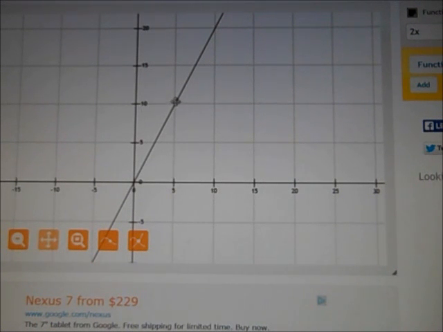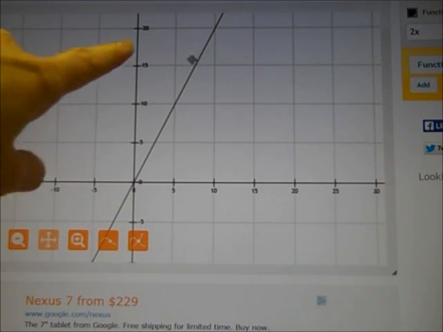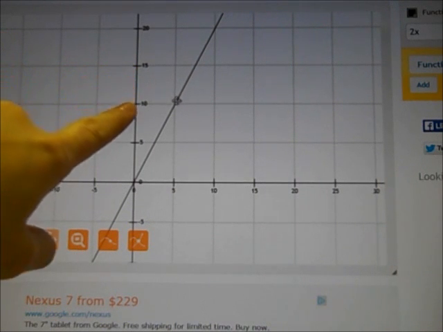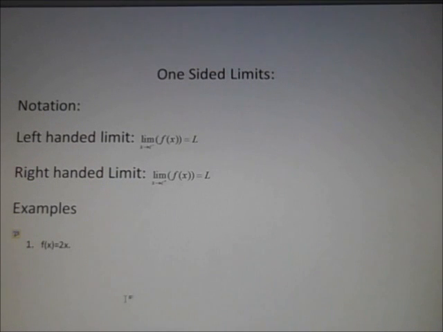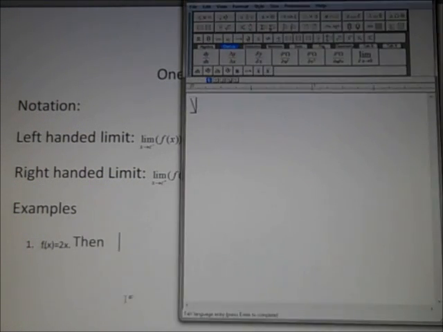What's happening as I approach 5 from the right? So here's from the right, so I'm moving. What are my y values doing? They're decreasing to 10. So we would say, in our example, that the limit as x approaches 5 from the right, with a plus sign meaning from the right, of the function 2x, which is what we were just looking at, was 10.